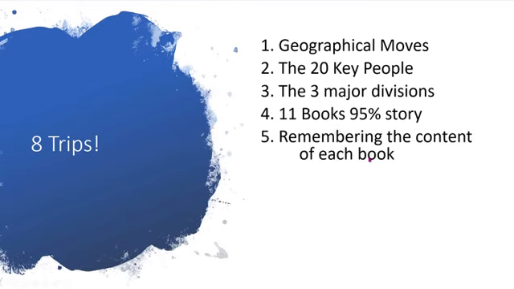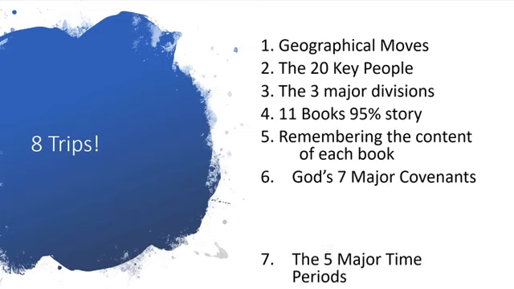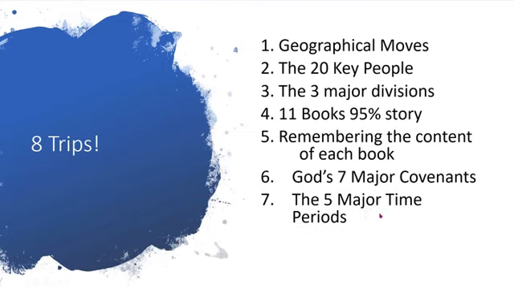We looked at a way to remember the content of each of the 39 books of the Old Testament. We looked at God's 7 major covenants with the children of Israel and mankind. We looked at the 5 major time periods of the Old Testament. And lastly, we looked at the 50 major events.